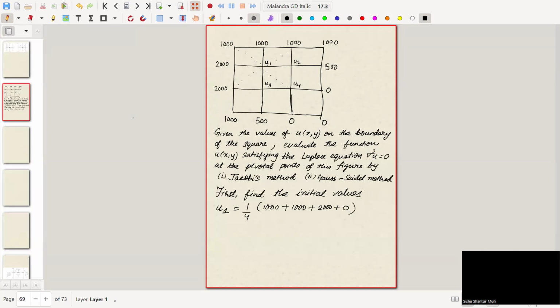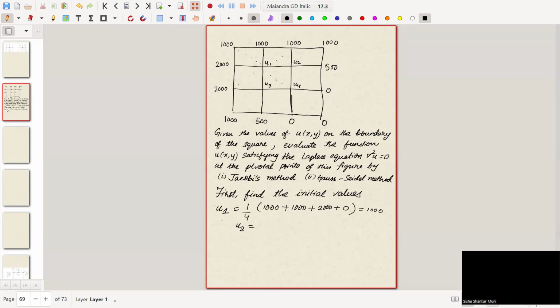The guess doesn't have to be right. It has to be approximate.